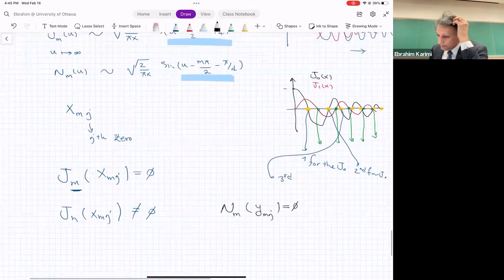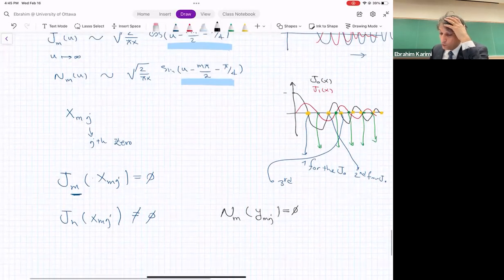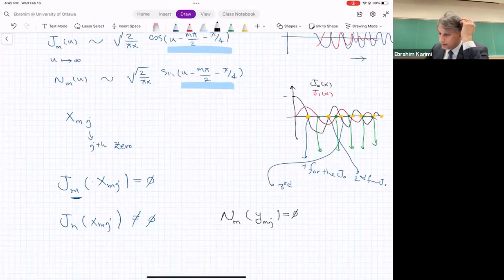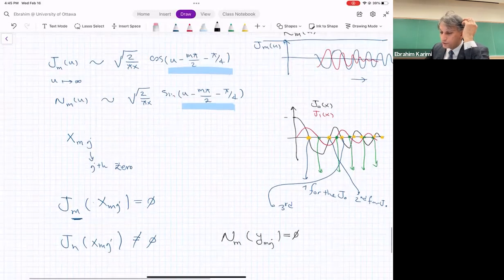So what is happening for u which is really large is that the zeros will look like the zeros of the cosine function.